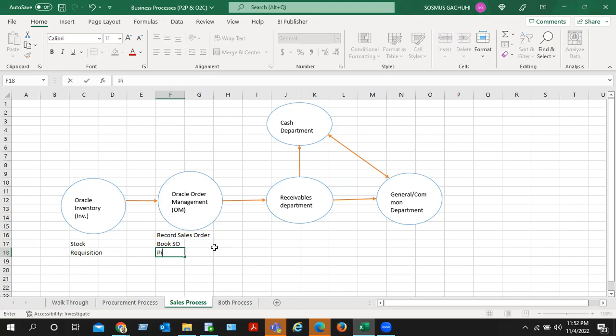We do pick release. We do ship confirm. And also we do sales, maintain sales return. Okay. So this is the application that Oracle uses, Oracle Order Management.